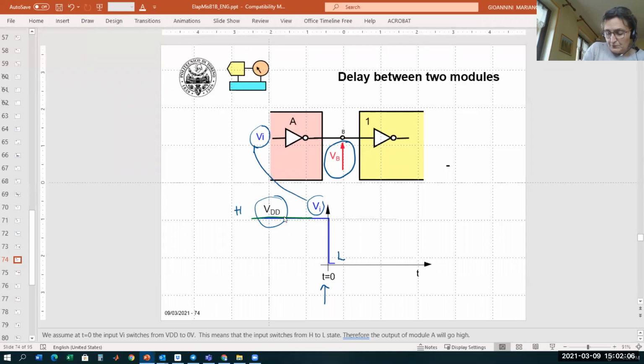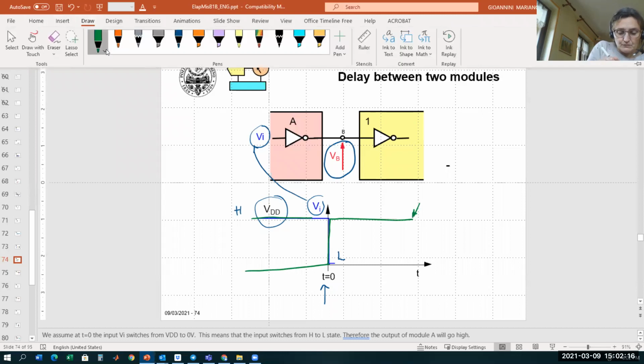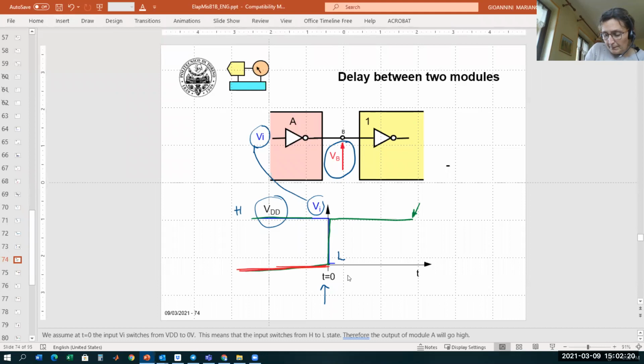So this is an inverter. If it is an ideal inverter, VB should be something like that. I plot it in red because VB is red. An instantaneous variation of the input makes an instantaneous variation of the output. This is not true.